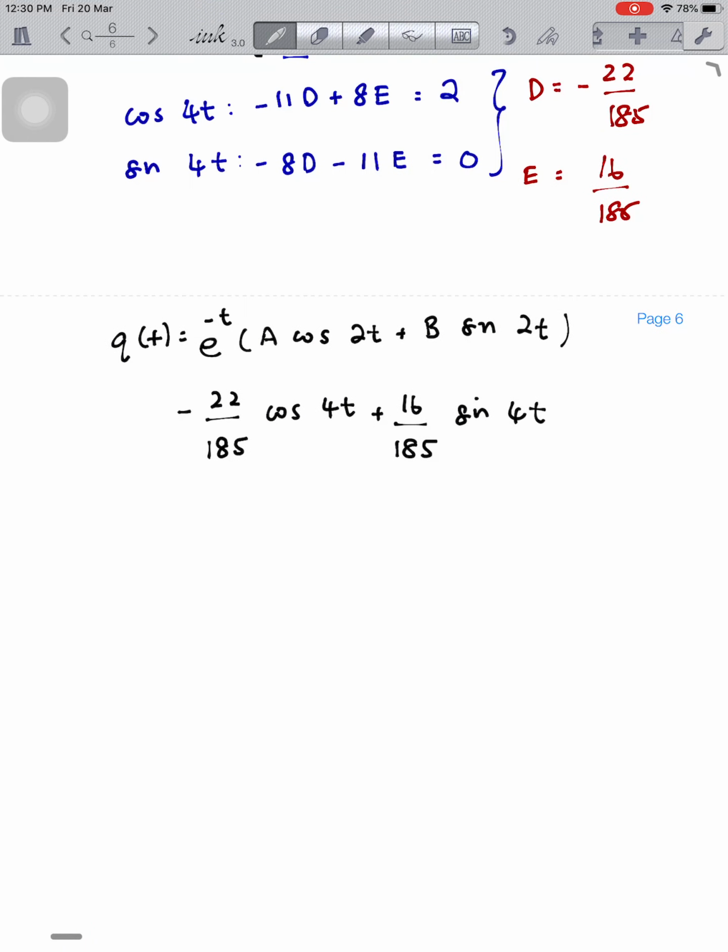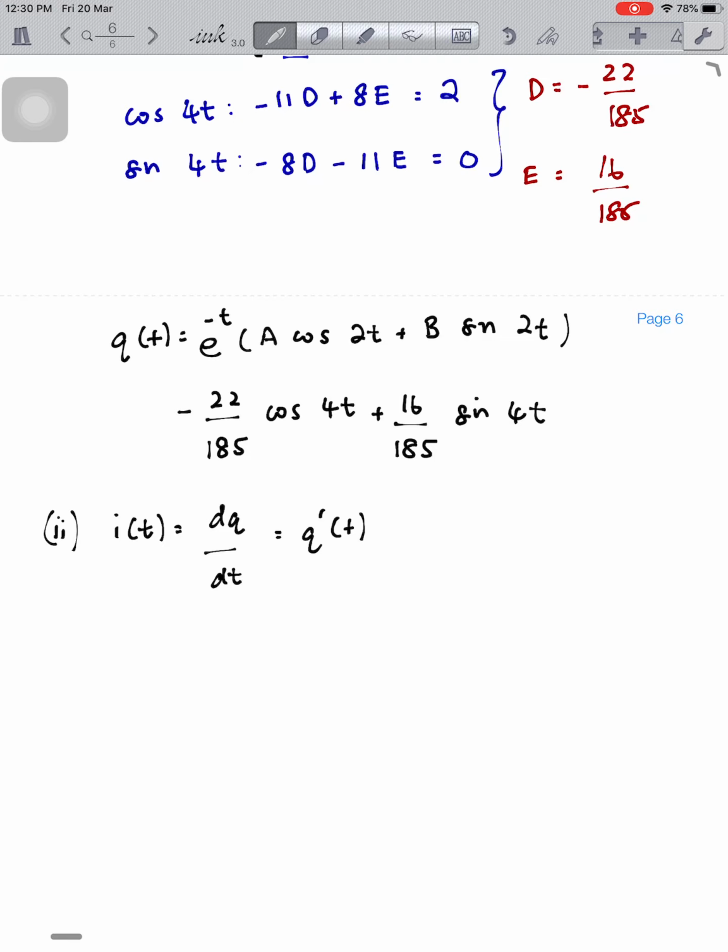So for question number 2, I of t is equal to dq over dt, so basically it is just q prime of t. All you have to do is differentiate this function right here.